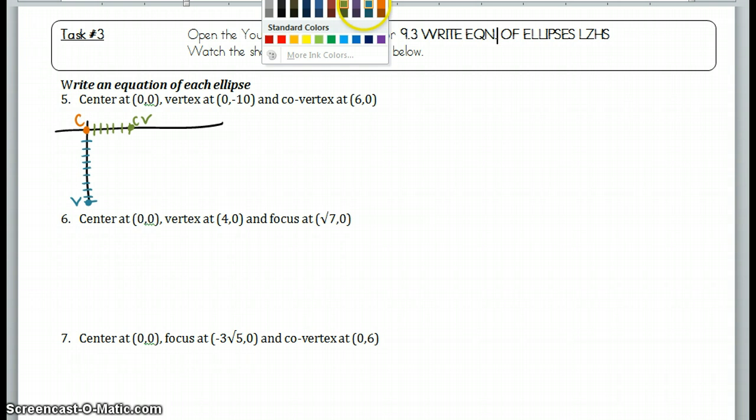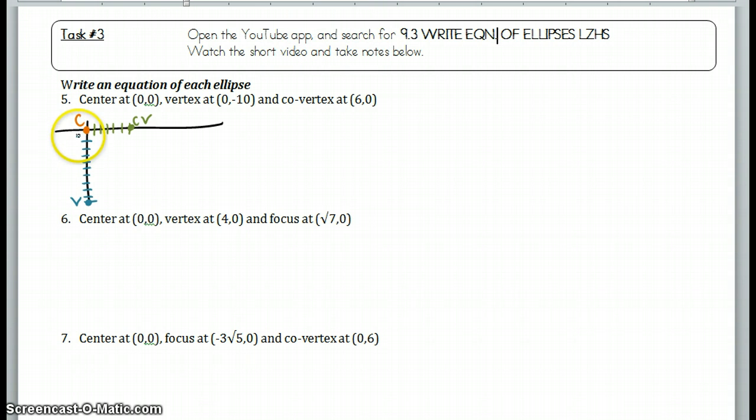If you remember, the length from the center to a vertex is given by the value a. Here, that's a distance of 10. Notice, not negative 10, because lengths cannot be negative. Also, the distance from the center to a co-vertex was given by b. Here, that's a length of 6.